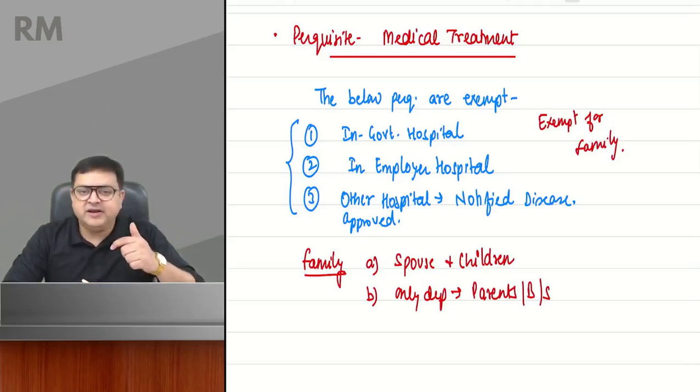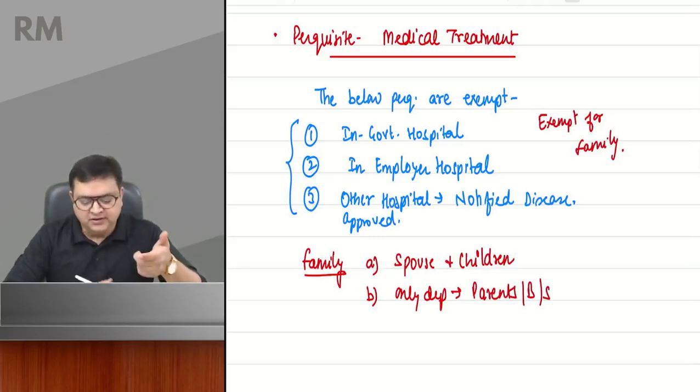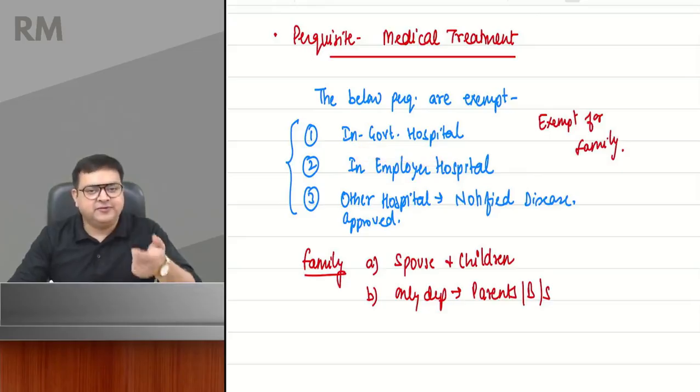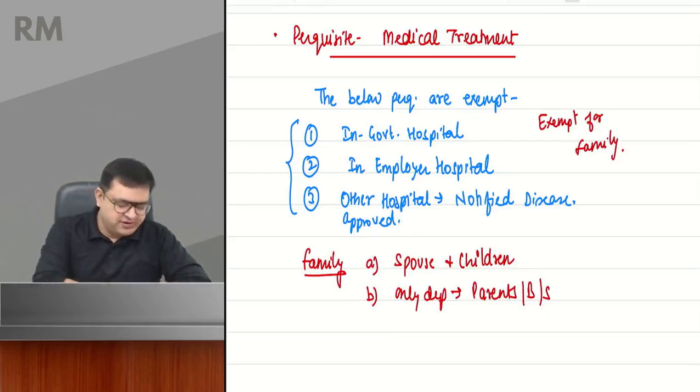So even if the treatment is done in a government hospital, please read them cumulatively: government hospital plus family only, employer hospital plus family only. If the question says that in the employer hospital, mother-in-law got treated, make it taxable. Whatever amount we charge from others, make it taxable. Understood or not?